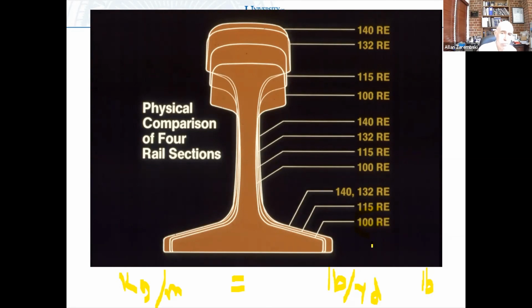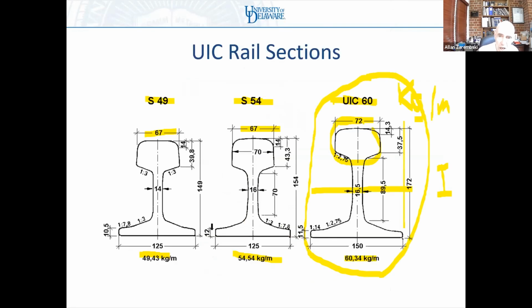Now, this is one of the places where the conversion becomes very easy. Basically, to convert from kilograms per meter to pounds per yard, you basically multiply by 2. I probably have another slide that shows that later on, but very quickly, a 60 kilogram per meter rail is equivalent to 120 pounds per yard.